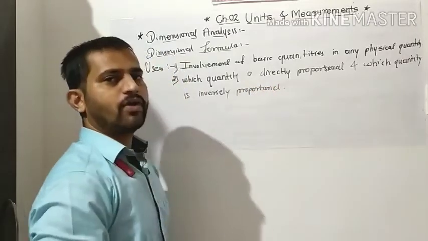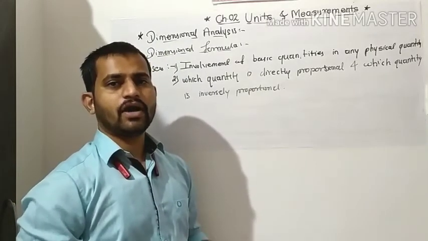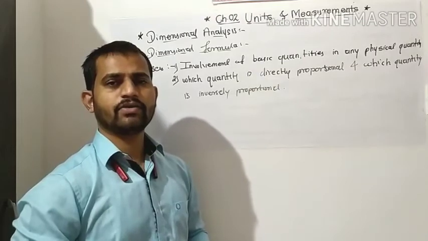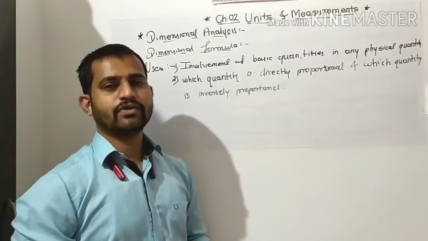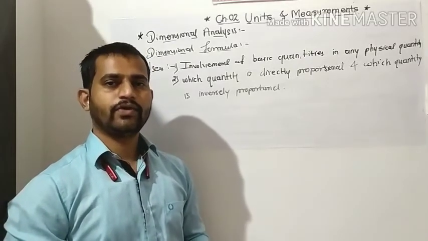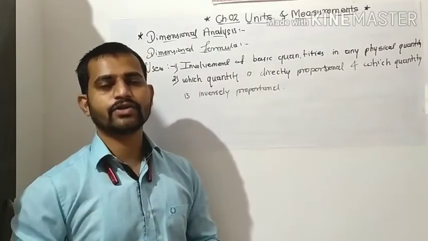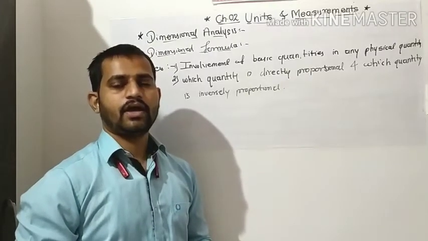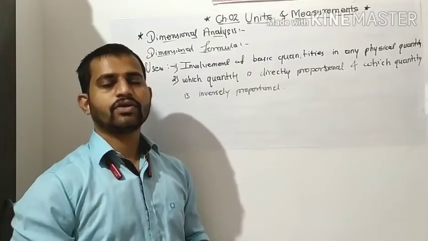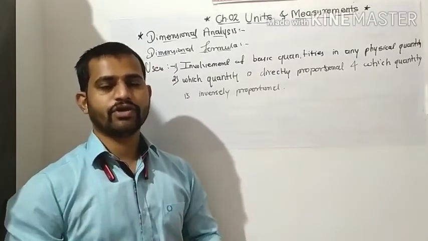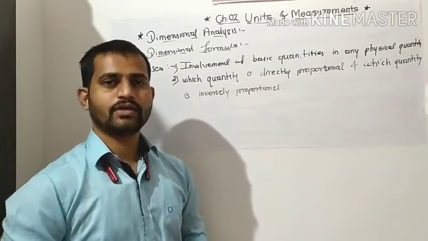It tells us about the different physical quantities which are depending on another basic or fundamental quantity. So it tells us by changing which quantities, how much effect will be there, because we'll get the relation between the physical quantities, how that physical quantity is related to another basic quantity, and to increase that particular quantity, which basic quantity we have to increase, or which basic quantity we have to decrease. That information we can get from the dimensional formula.